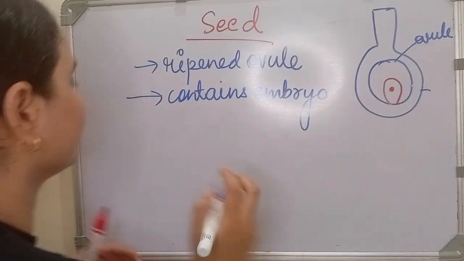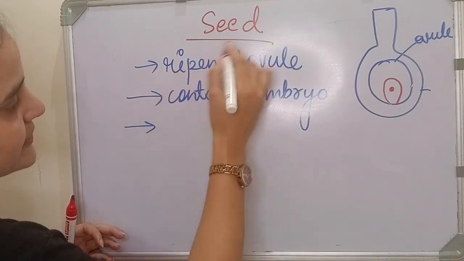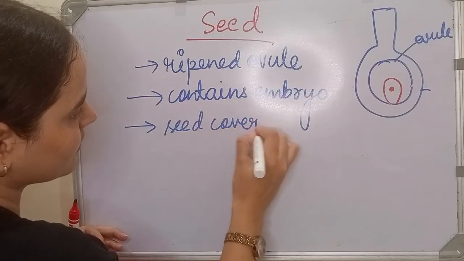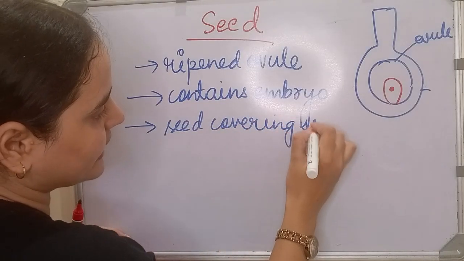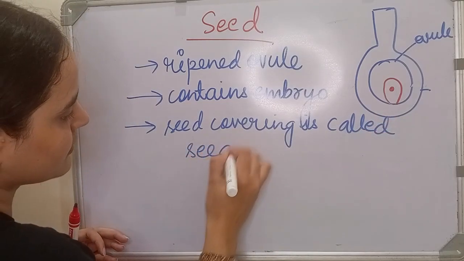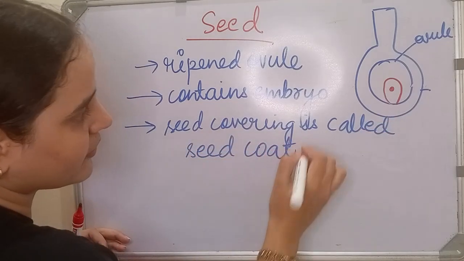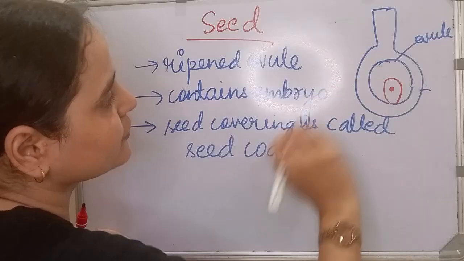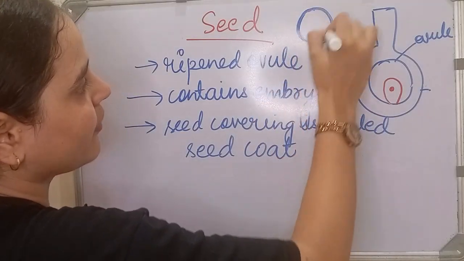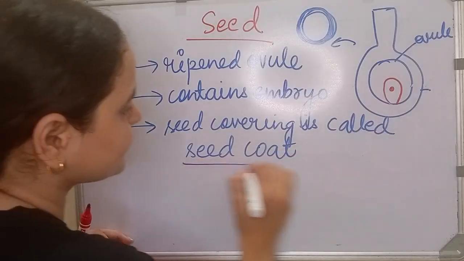Now next point. The seed covering is called seed coat. So this ovule will form seed, and the covering of the seed is called seed coat.